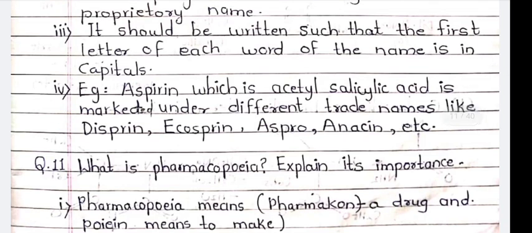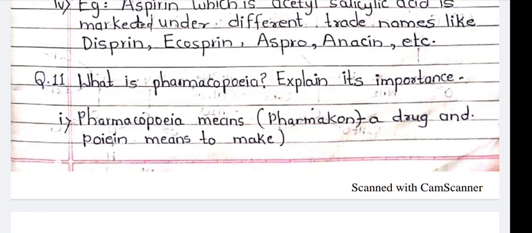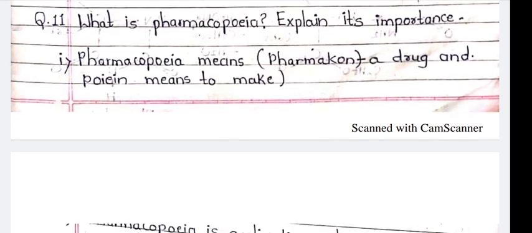It should be written such that the first letter of each word of the name is in capitals. Example: aspirin, which is acetyl salicylic acid, is marketed under different trade names like Disprin, Ecosprin, Espro, Anacin, etc.